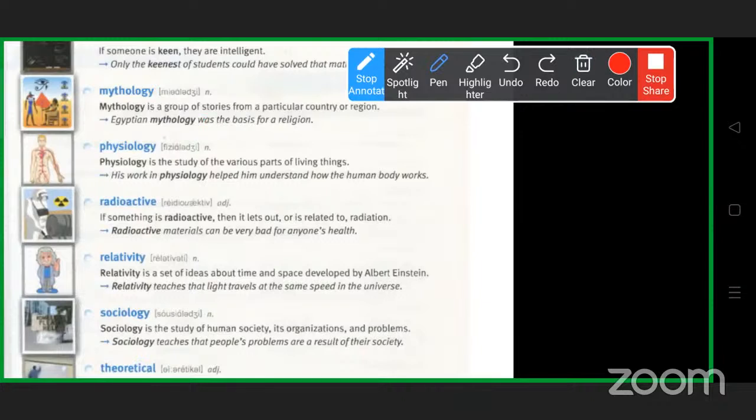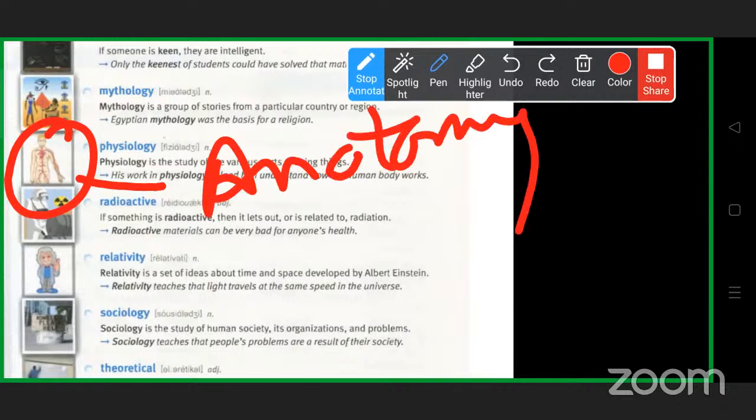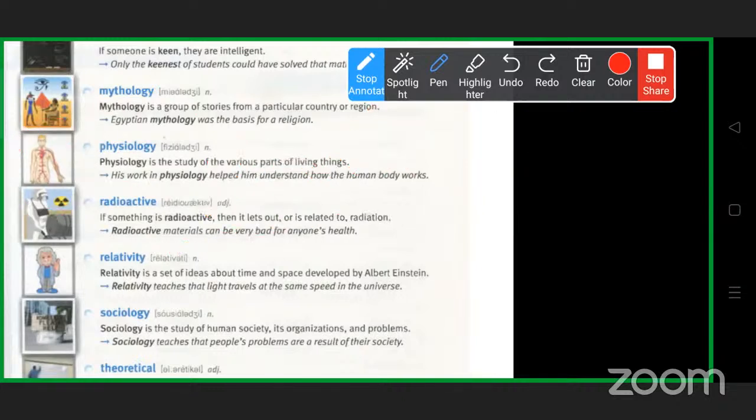Then we have physiology. Physiology means the study of various parts of living things. Various parts, like anatomical study or anatomy, the study of physical parts of living things.